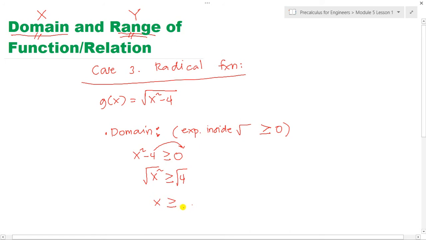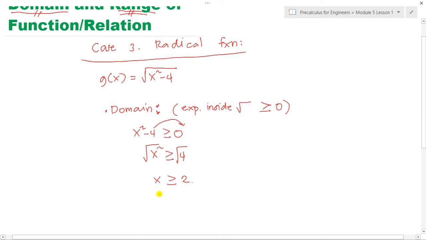If you consider the two roots, the first root for the positive, that is greater than or equal to 2. But for the negative part, that is, unsa man? Dili pod. Kay kung x is equals to square root of 4, we can just state directly as x is equals to positive negative 2.